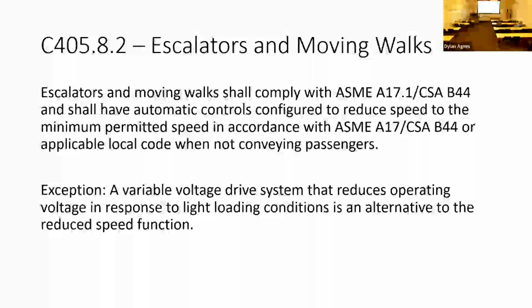This one deals with escalators and moving walks. So things like airports, train stations, depots, malls, things like that. Basically talking about the automated controls configured to reduce speed. We don't want to hurt anyone getting on or off or in transit on the walkway or the escalator.